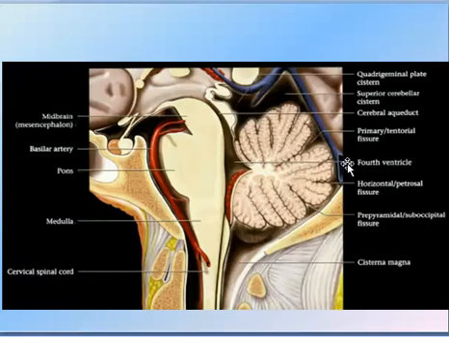Here we can see the cerebellum. Still there is choroid plexus in the fourth ventricle, and here is the midbrain, pons, medulla, basilar artery, and of course if you look here, this will be the tectum of the midbrain or the quadrigeminal plate with the colliculi.